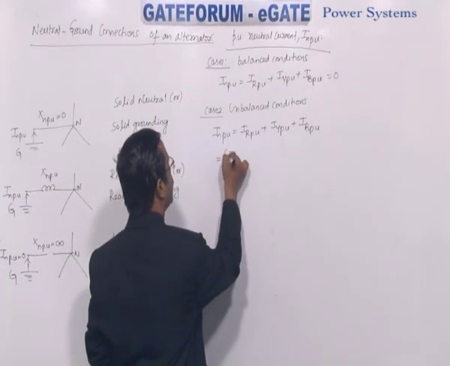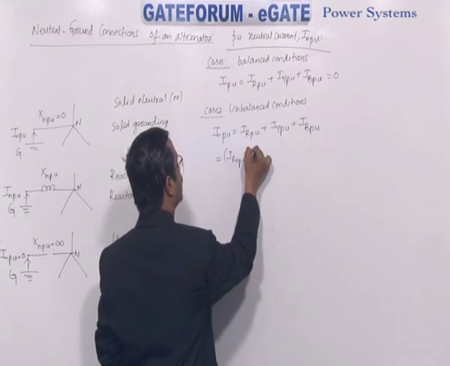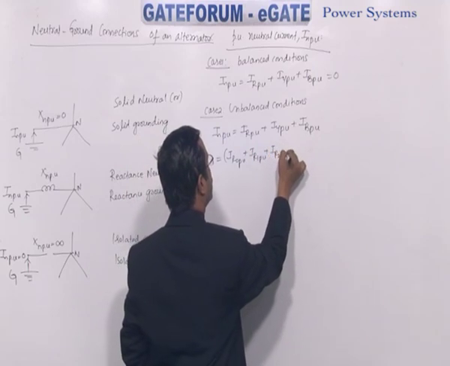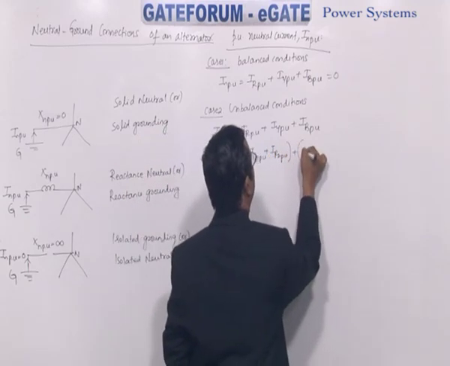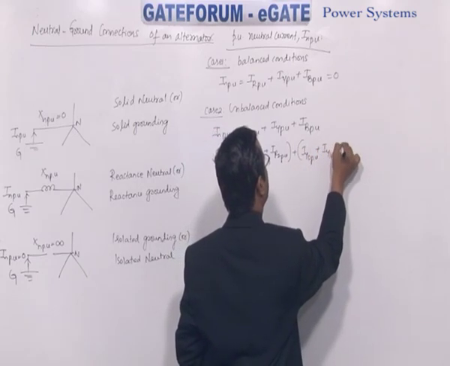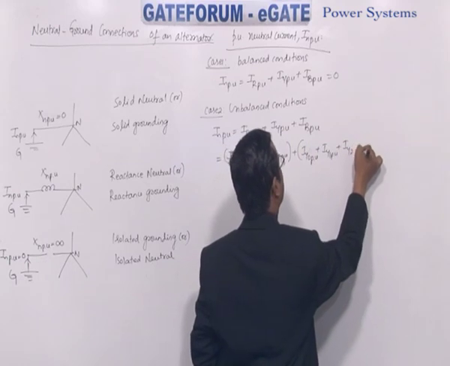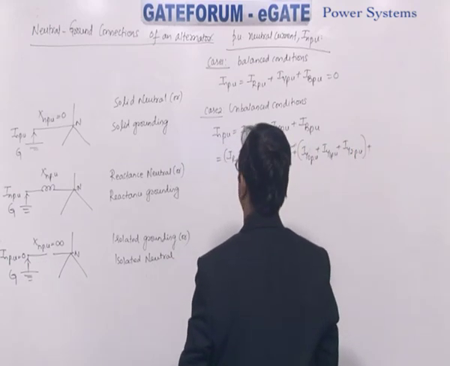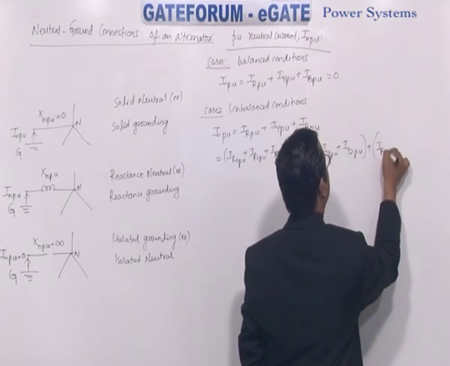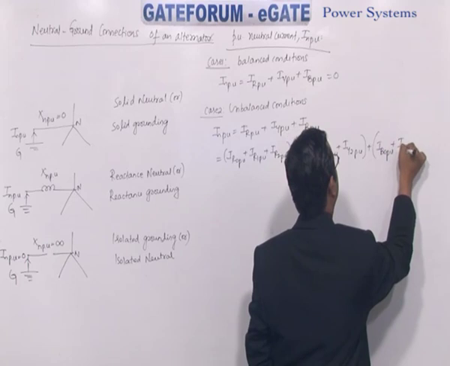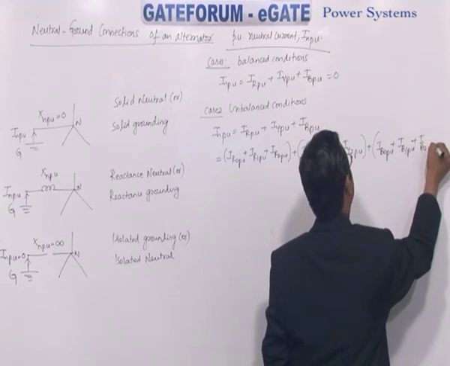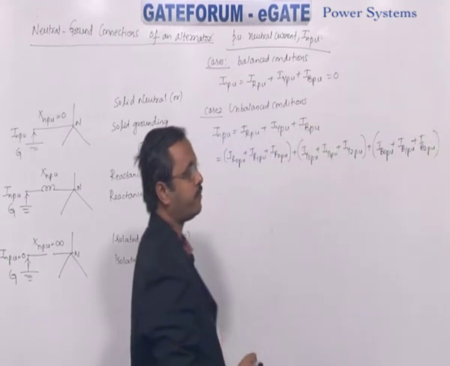So represent using symmetrical components. How to write this one? IR0 plus IR1 plus IR2. What about this one? IY0 plus IY1 plus IY2, and IB0 plus IB1 plus IB2.